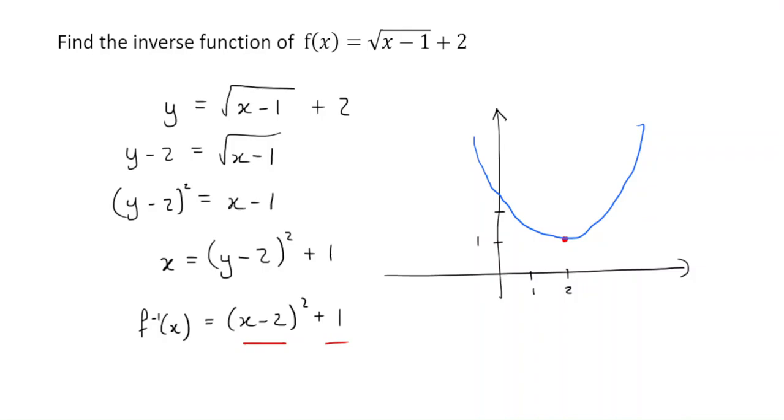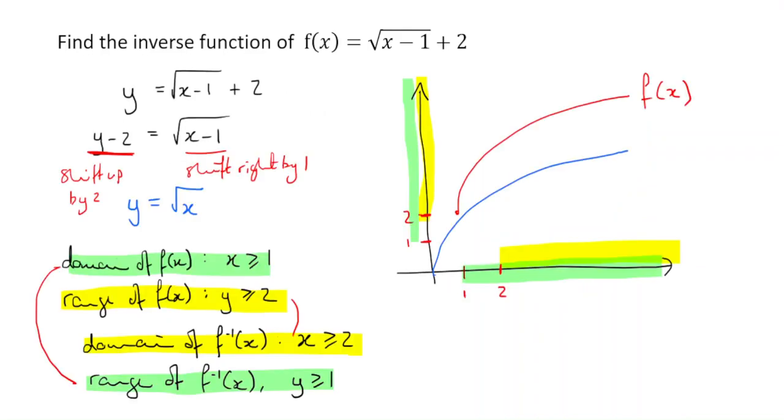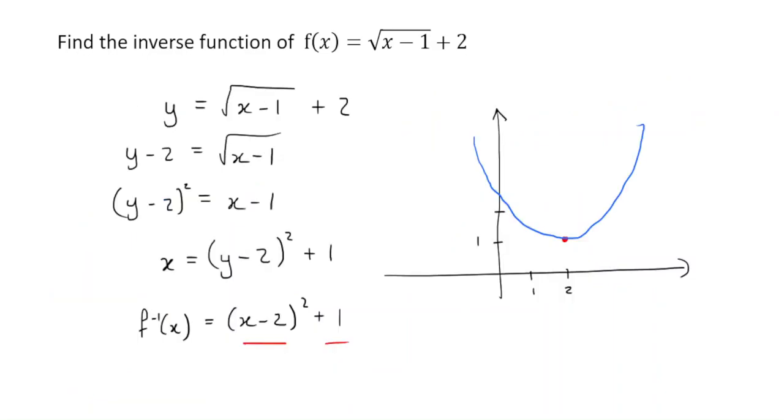But hang on, if we just go back to the previous slide, we just said that the domain of this inverse function is x is greater than 2, and the range of this inverse function is y is greater than 1. So let's just put that in, shall we? We expect that the domain should be that x is greater than or equal to 2, and that the range should be that y is greater than or equal to 1.